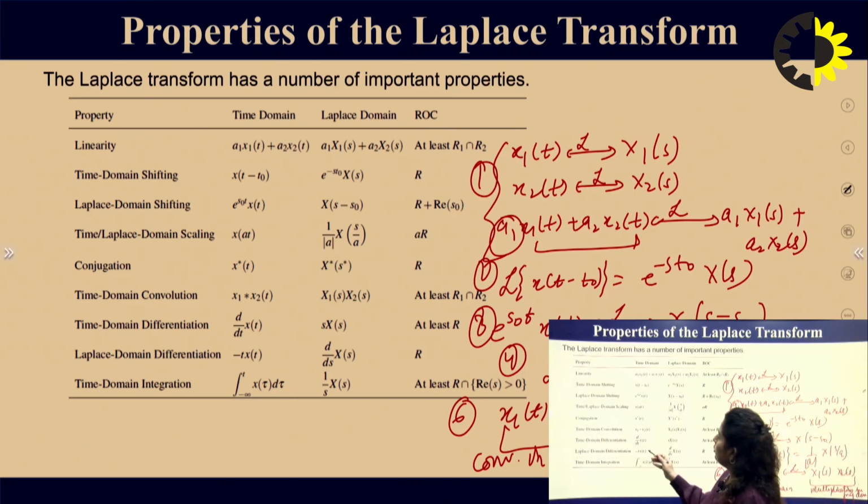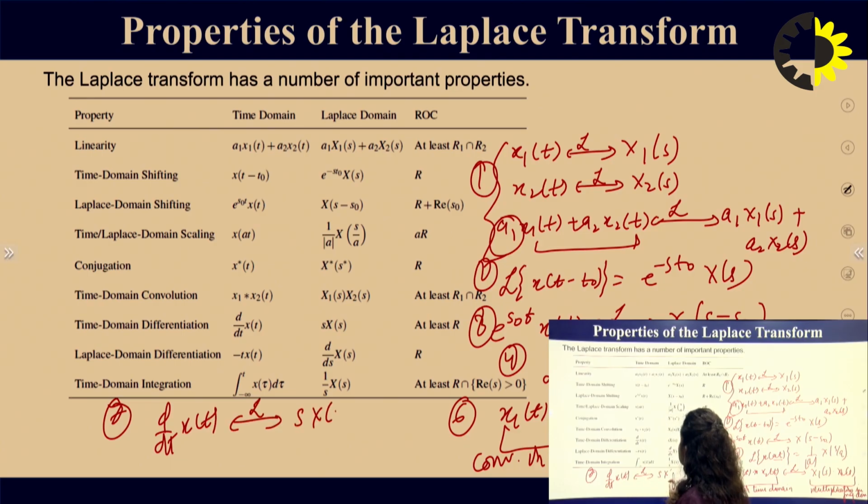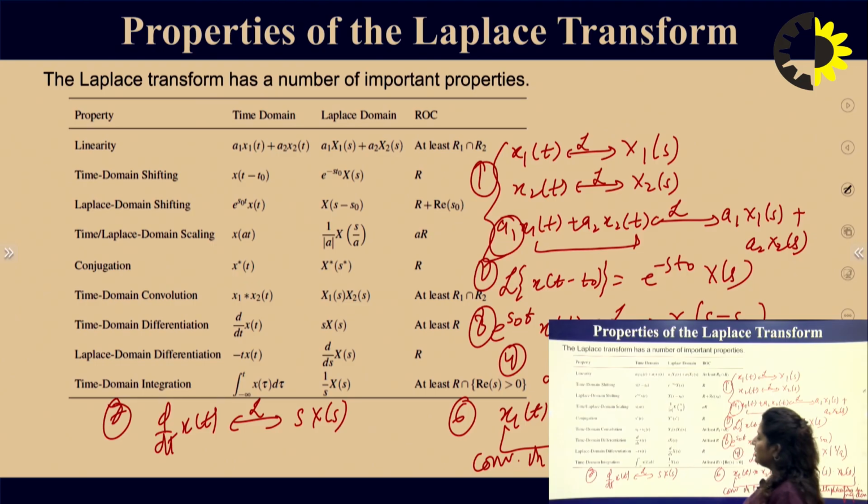Then the time domain differentiation property, the seventh property. So d by dt of x(t) has the Laplace transform s X(s). And if there are initial conditions, then the values will change, minus x of 0 negative, like this.